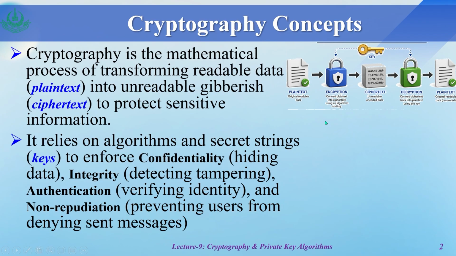It relies on algorithms and a secret key to enforce confidentiality, hiding the data; integrity, detecting tampering; data authentication, verifying the identity of users; and non-repudiation, preventing users from denying sending a message during the transformation.